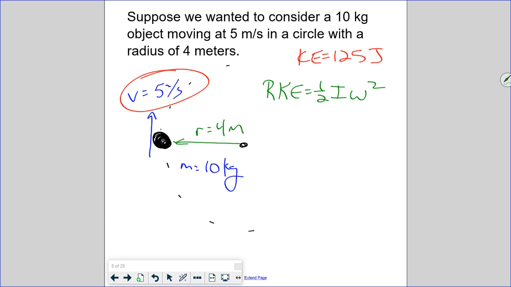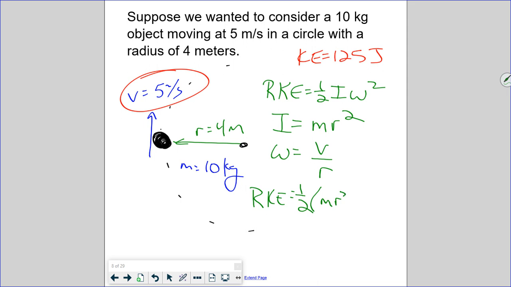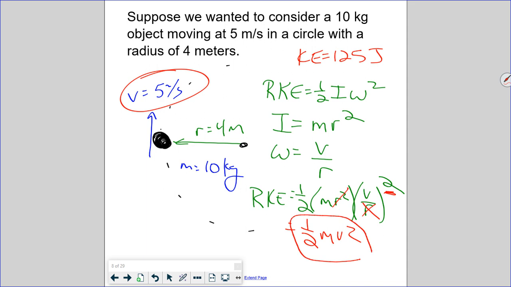I for a point particle is just mr squared, and the angular velocity is v over r. So the rotational kinetic energy is 1/2 times I times omega squared, and look what happens. Here I've got an r squared, and here I've got an r squared, and I'm left with 1/2 mv squared. It's going to give me the exact same answer.